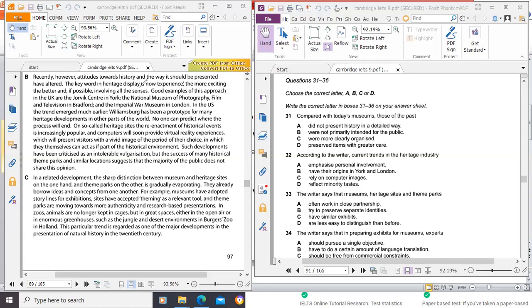So we said it's now experience, the more exciting, and so on. No one can predict where the process will end. On the so-called heritage side, such developments have been criticized. I'm reading this again because I've gone through them in my list of headings, so I'm particularly going to know where the answers are likely to be.